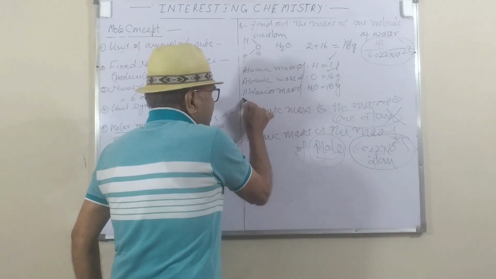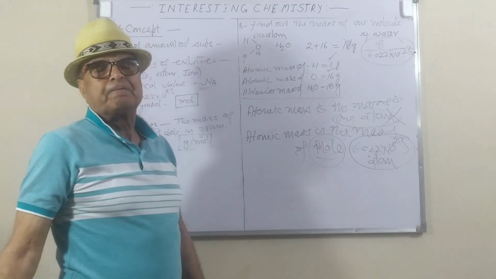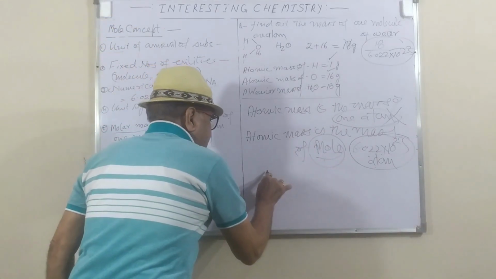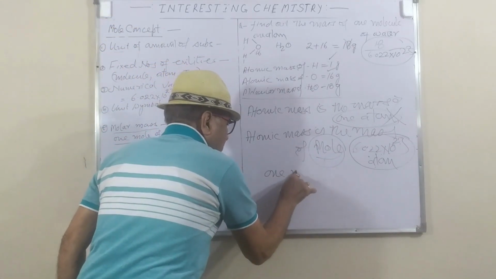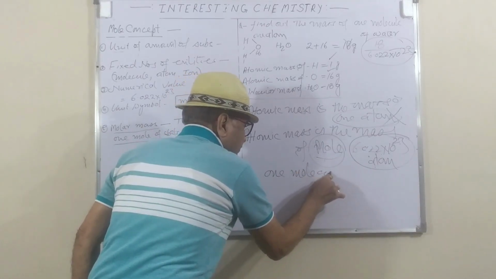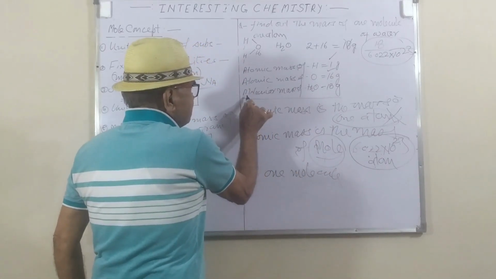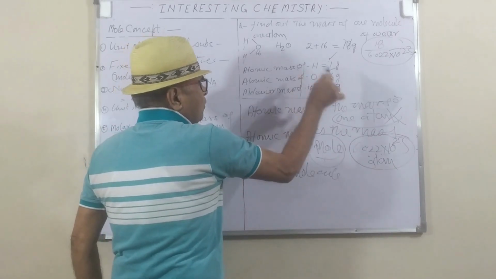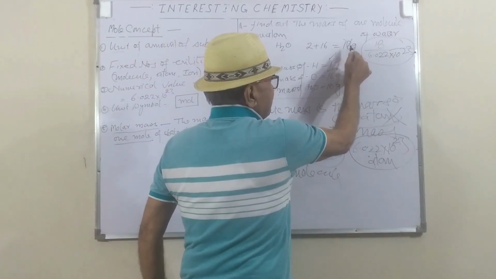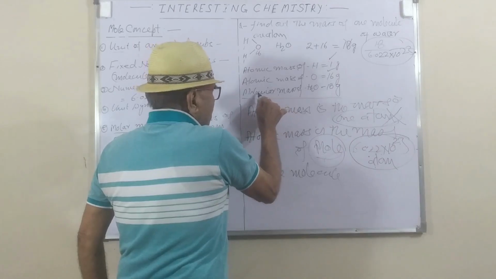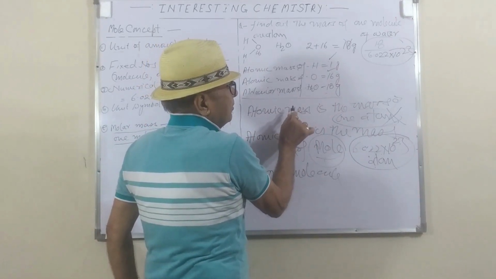In the same manner, this molecular mass is not the mass of 1 molecule. This 18 is the molecular mass of H2O.